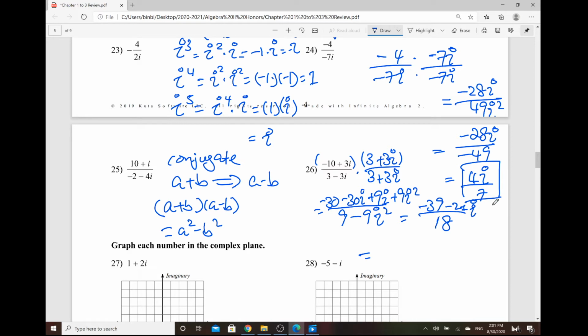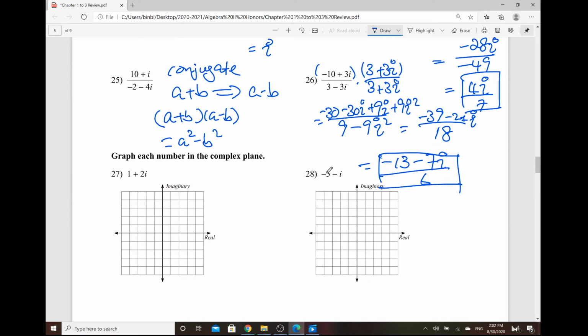So divided by 3, top and bottom. So we do have negative 13 minus 7i all over 6. And that would be considered the simplest form. Again, there's no i down the bottom. There's no imaginary number in the denominator.